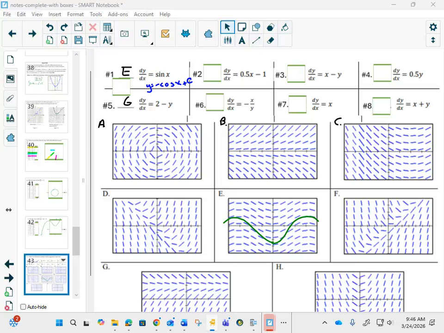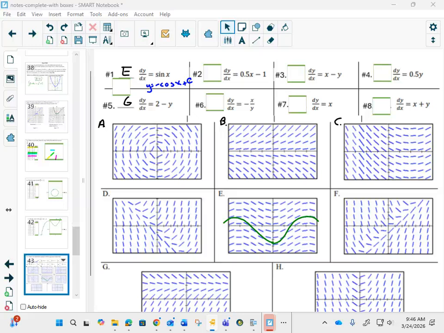First pattern I want you to notice with slope fields. Slope fields that only have an x, like the first one, mean the y coordinate does not matter.